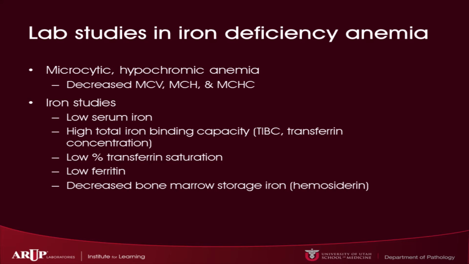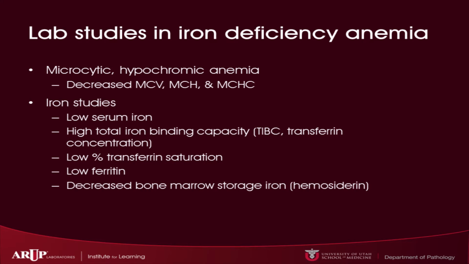And in the bone marrow, in iron deficiency anemia, the bone marrow storage iron should be decreased. Decreased bone marrow storage iron is the gold standard for the diagnosis of iron deficiency anemia. If there is a decrease in bone marrow storage iron, that's diagnostic of iron deficiency anemia.